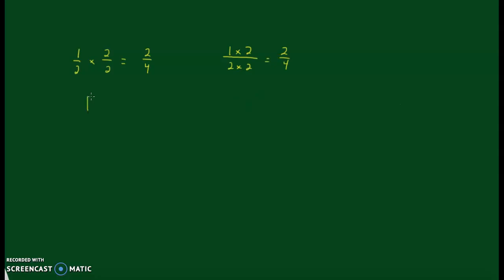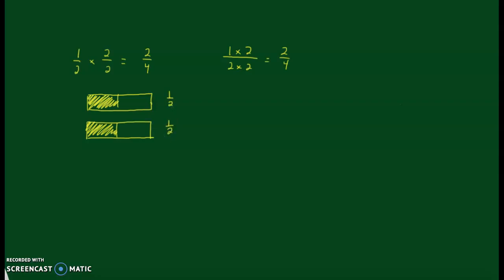So if we draw a picture, and I'm going to make both of these look as close to the same as I can. And I'm going to divide those into half. So right now, this is a half, and this is also a half.